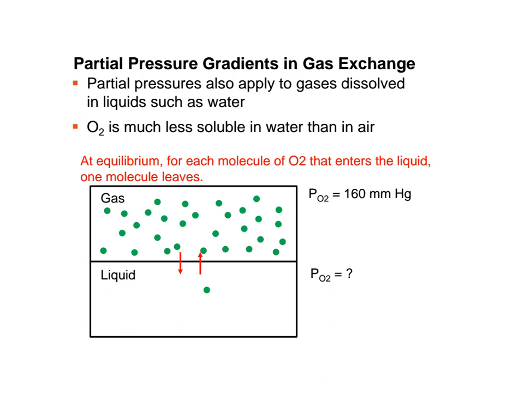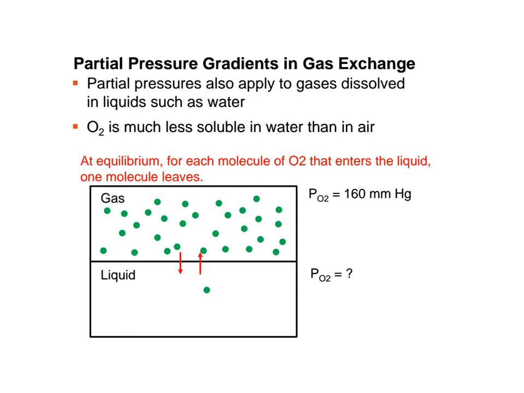It turns out that the way PO2 in the liquid is defined, it's actually just defined under these equilibrium conditions. In other words, if the gas is in equilibrium with the liquid, meaning that for every molecule that enters into the liquid from the gas, there's a molecule that moves back from the liquid to the gas.